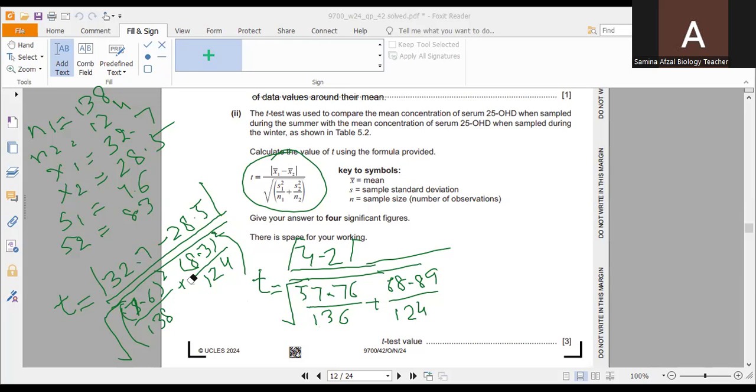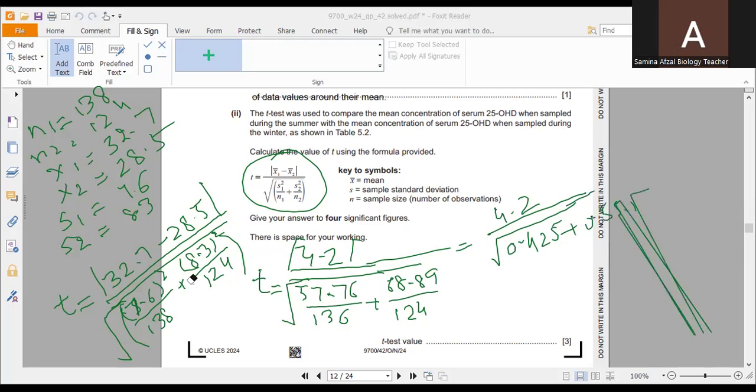After I continue with these values, this is 4.2 divided by under root 0.425 plus 0.555. Again, when I'm writing on screen, any problem can occur. 0.555.